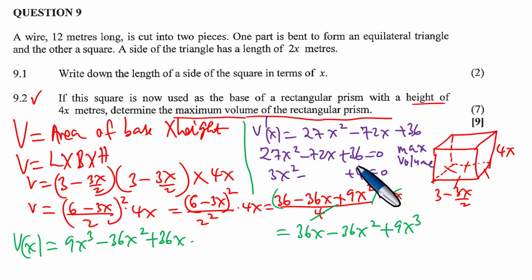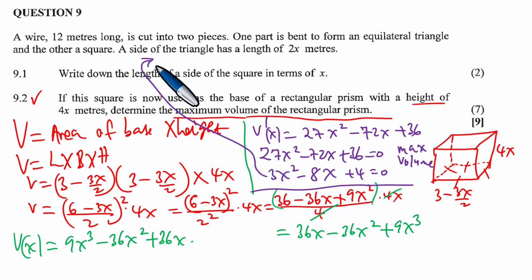Divide 72 by 9, you get 8x. Divide 36 by 9, you get 4, equals 0.